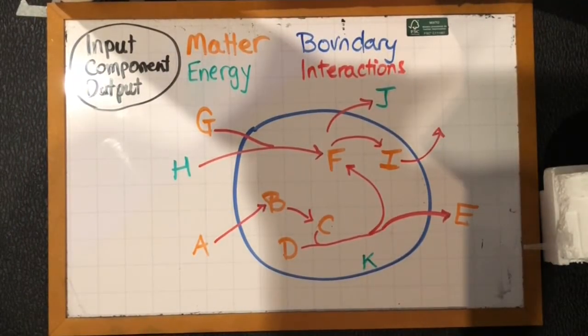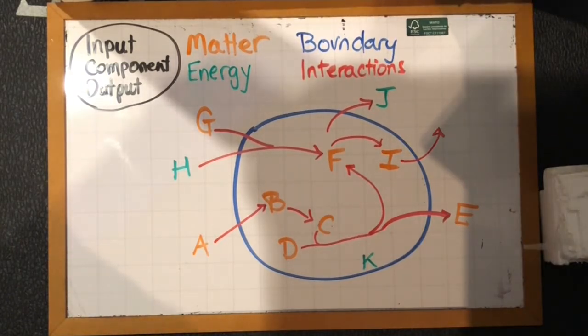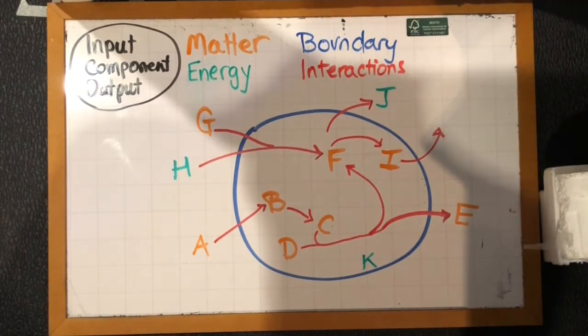Not every system is that simple, and that's part of what makes science so interesting, is that the interactions are pretty complex and offer a lot of points to do experimentation or investigation. Let's see how this could actually apply in real life.